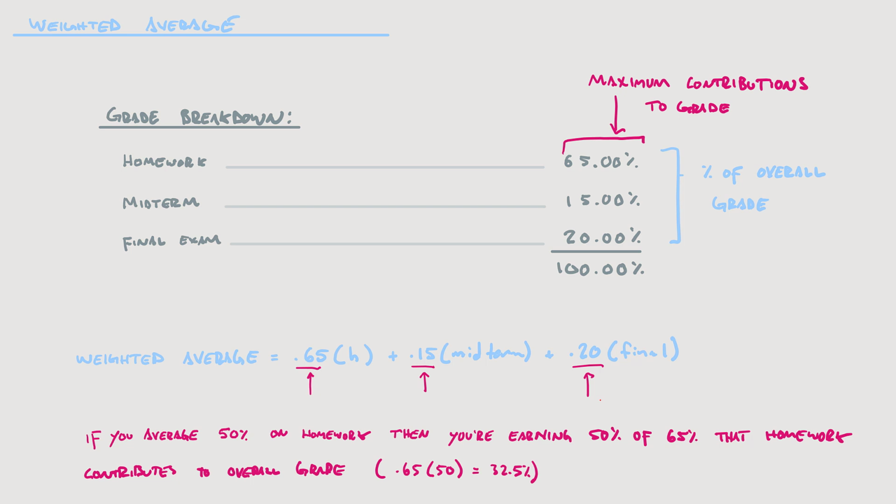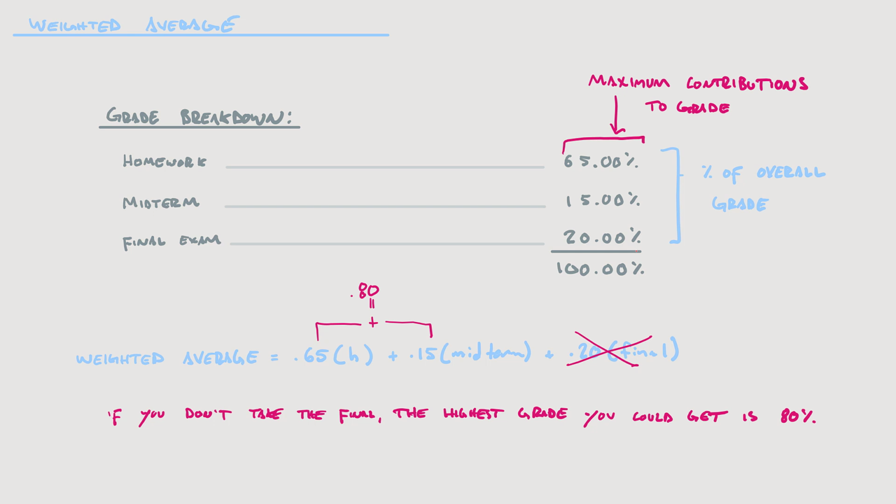To do that calculation, 0.65 times 50, you'd get 32.5%. So of your overall grade, where you could earn up to 65% of it, you're only getting 32.5 percentage points from the homework category. Every single category is a maximum contribution, and if you're not getting 100% on every single category, then it stands to reason that your overall grade is earning less than these specific amounts.